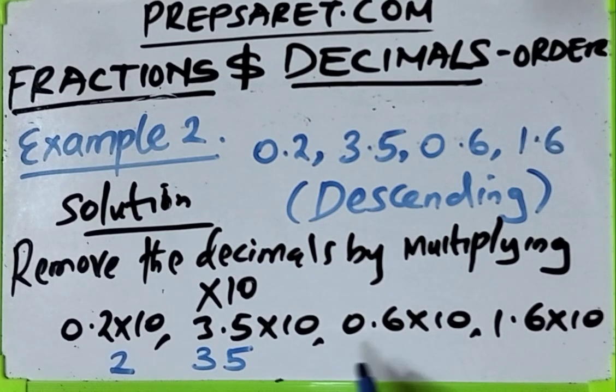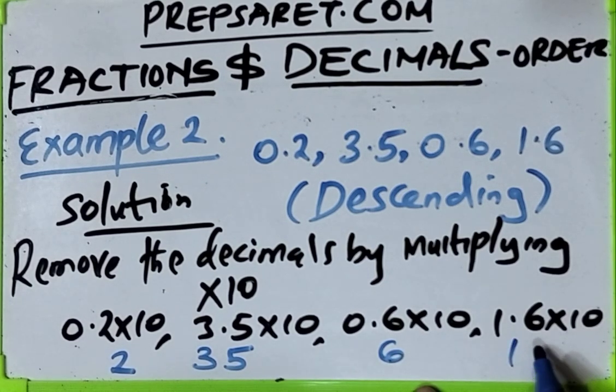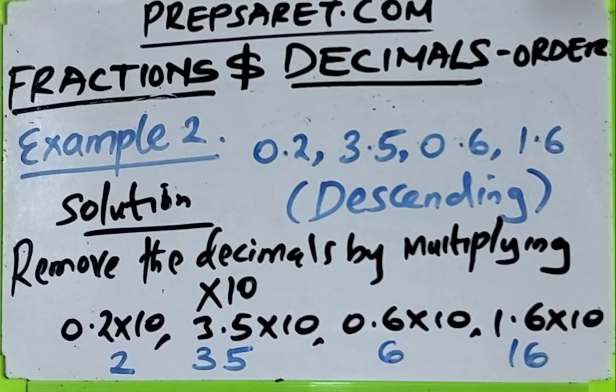Then 0.6 times 10 is 6. And 1.6 times 10 is 16. So 2, 35, 6, and 16 can easily be arranged starting from 35 all the way to the smallest, which is 2.